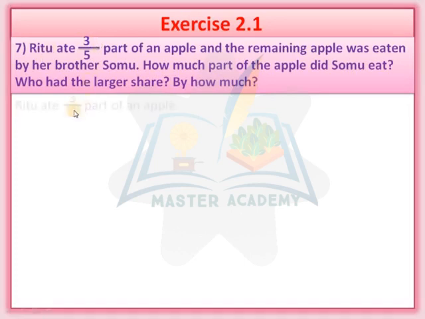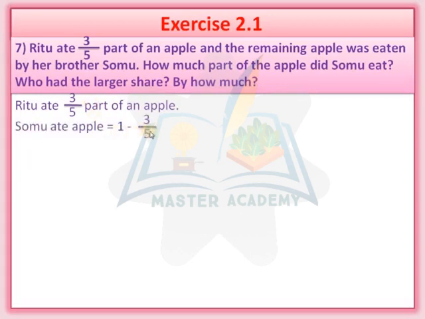It means Ritu ate 3 pieces of the apple. So obviously, the remaining is how many pieces? 2 pieces, which will be eaten by her brother Somu.